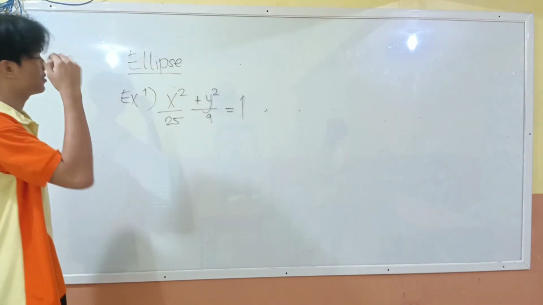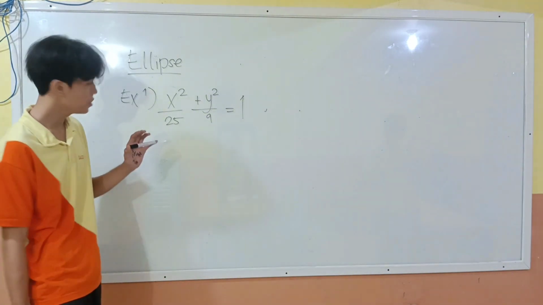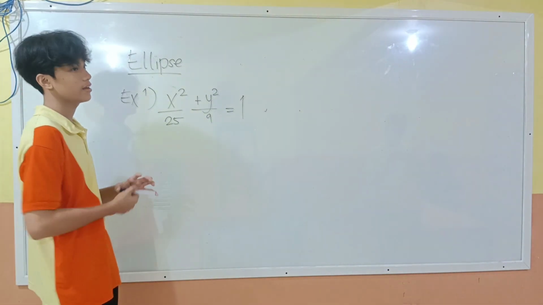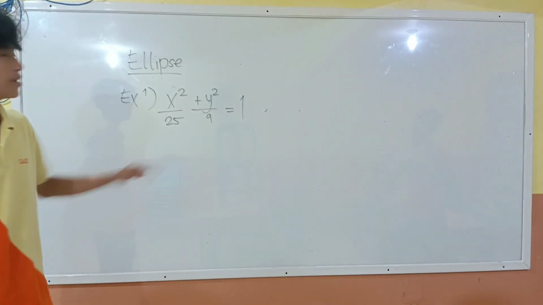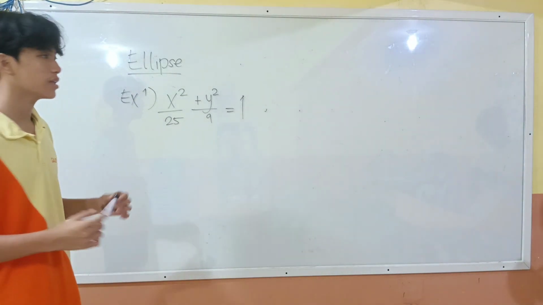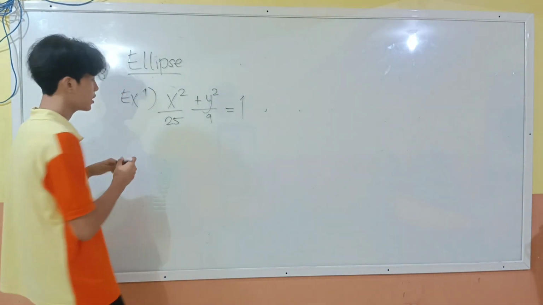So now, we're going to learn about equations of an ellipse. So, the first step to graph an ellipse, we find the foci. So, first step, we get our values.